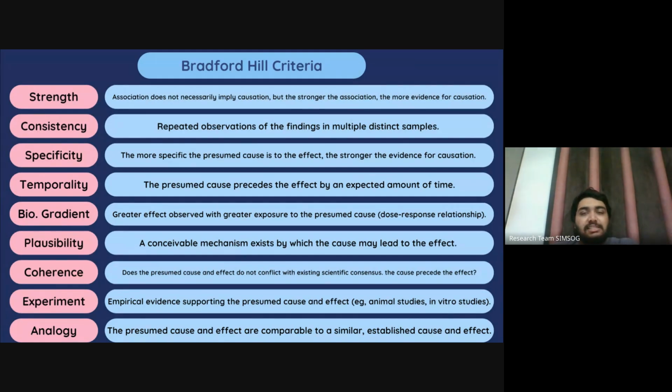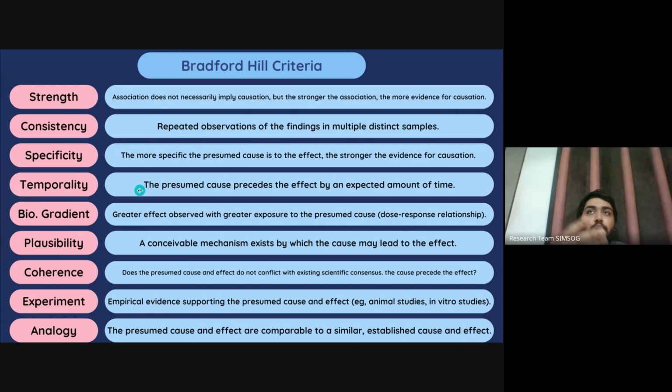Now, of course, there are catches there also, as troponin may be elevated for other reasons too. But let's say it's highly specific. We'll come to that again later in the diagnostic test part. But essentially, if there are no other known or presumed causes, the stronger the evidence for causation.